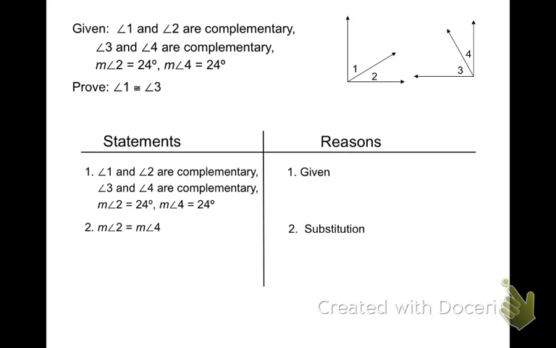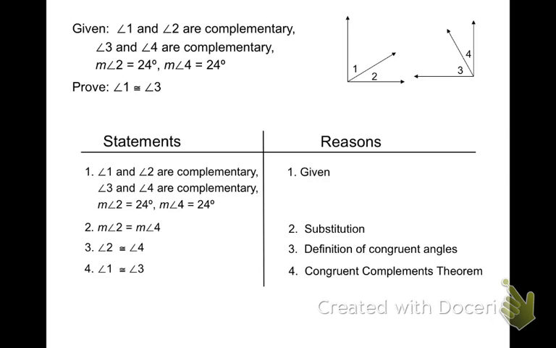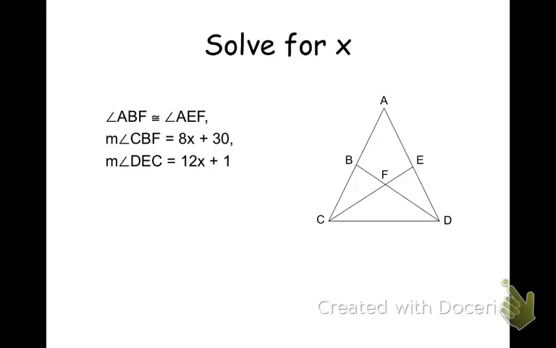We know that the measurement of angle 2 is equal to the measurement of angle 4 because we're told they have the same exact angle measurement, 24 degrees, based on substitution. If the measurements are equal, that means their angles are congruent. That's the definition of congruent angles. And knowing that angles 1 and 2 are complementary, and 3 and 4 are complementary, we can conclude that angles 1 and 3 are congruent because of the congruent complements theorem.